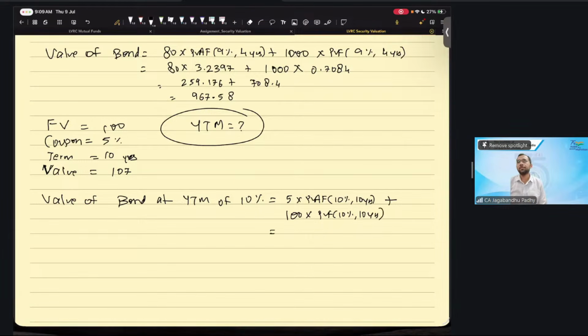So just give me the value of the bond at 10%, guys. If the YTM is 10%, what's the value of the bond?